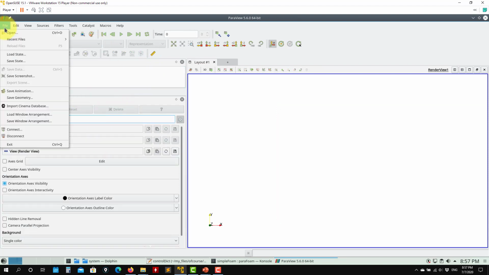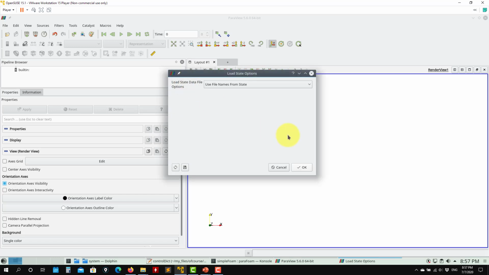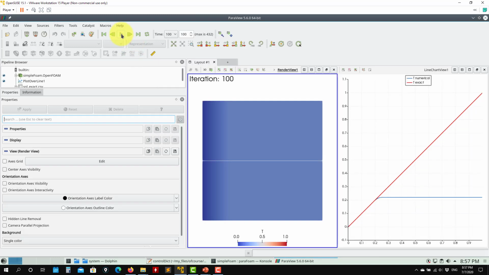Let me load state. And as you play, you have smooth behavior and see how it's evolving. Slowly see our analytical solution. And everything here was due to the tolerances. But now the important thing is that here we have the full Navier-Stokes equations.